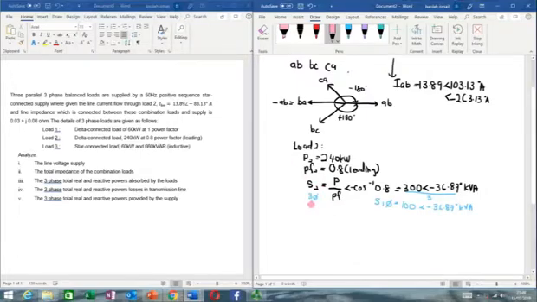Since this is a delta connection, where we have A, B, and C, the value given is IAB. Oh yeah, this is for delta.